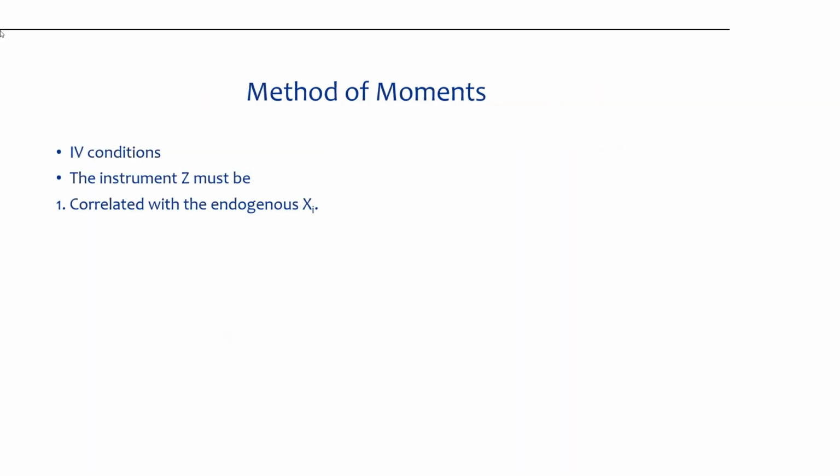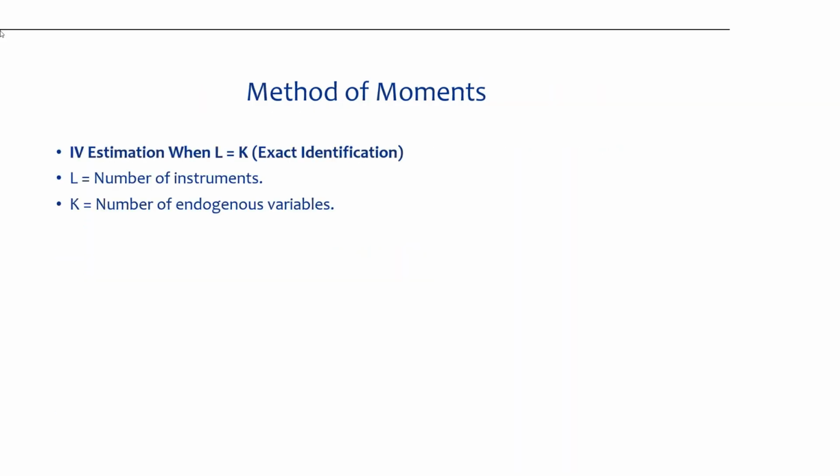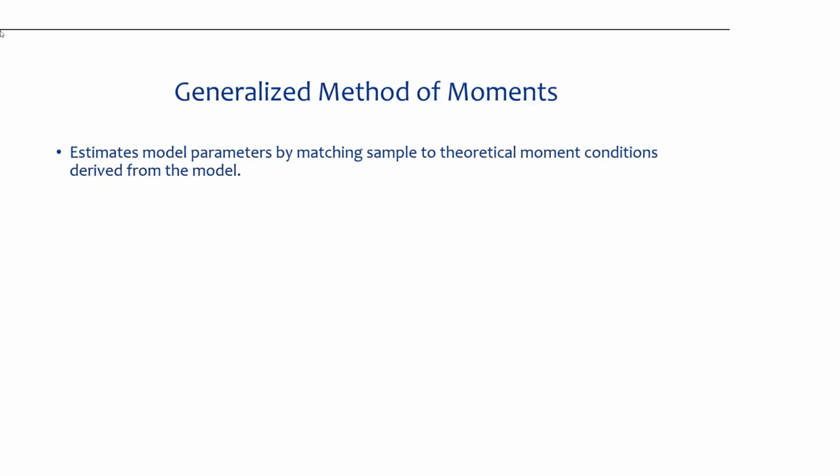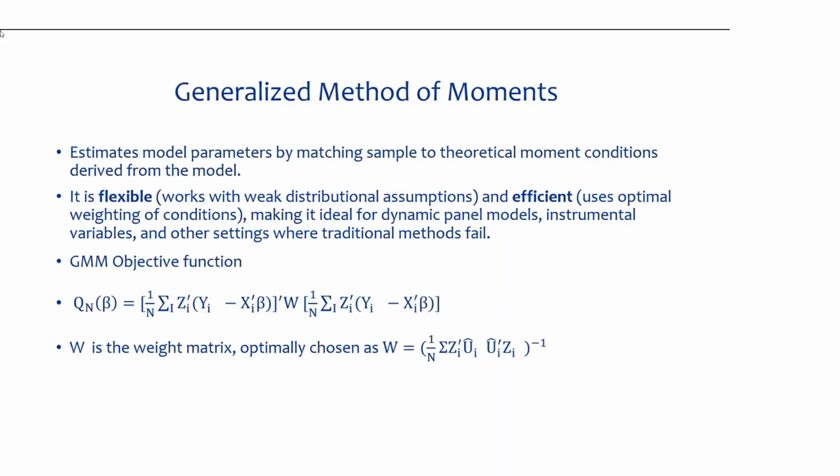Now, skip some components. Now, what we do in the Arellano-Bond model is that we have an objective function. What is that objective function? Our objective is to find out beta, right?